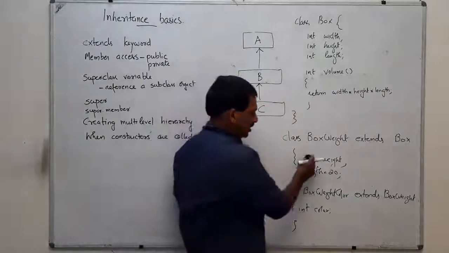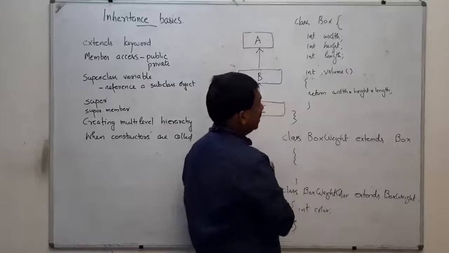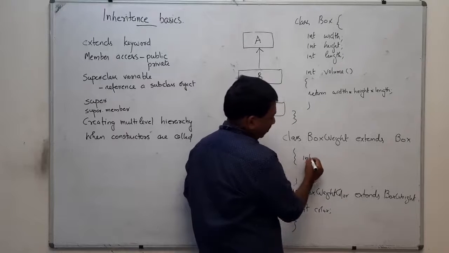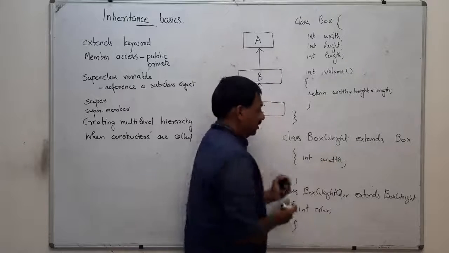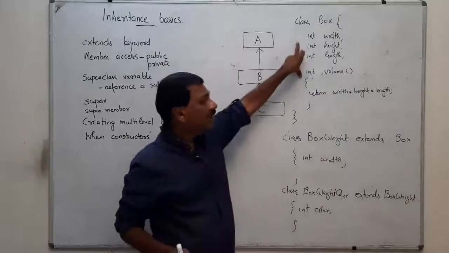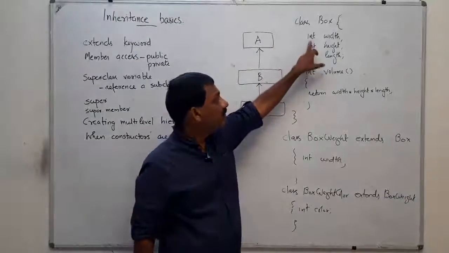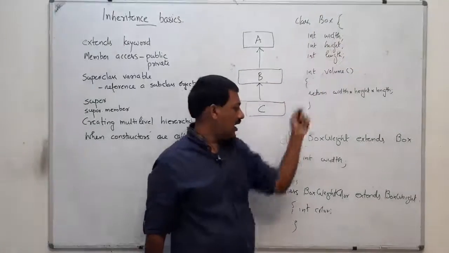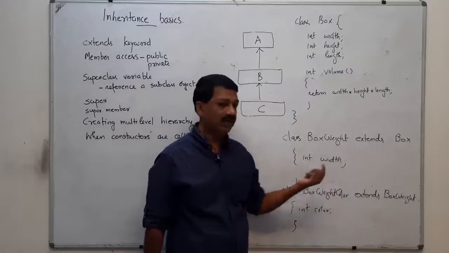And suppose that you can override this like this. For example, suppose that here again you have int width. That means in the base class you have a variable called width, and in the subclass also we are going to have a variable called width.